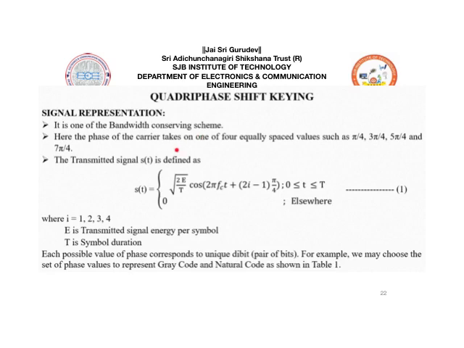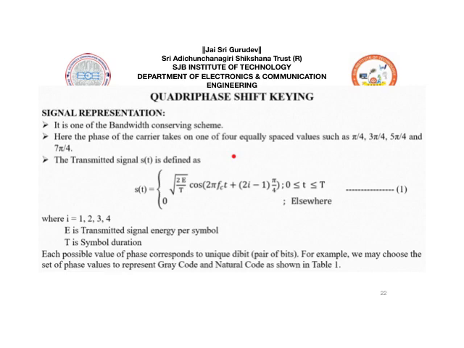Here the phase of the carrier takes on one of four equally spaced values like pi by 4, 3 pi by 4, 5 pi by 4 and 7 pi by 4. In quadriphase shift keying, we are representing four symbols.